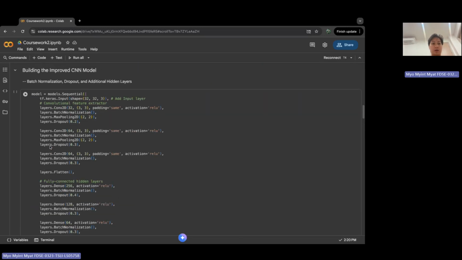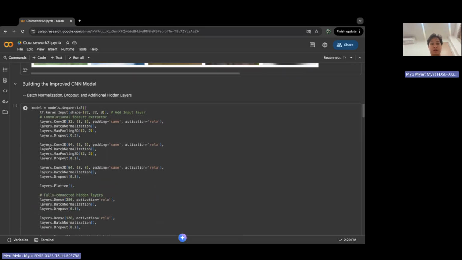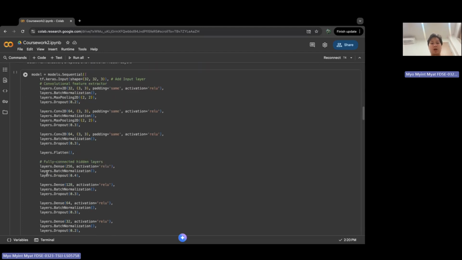After that, I built the CNN model. The first three blocks consist of convolutional layers that learn low-level and mid-level visual patterns such as edges, corners, and textures.